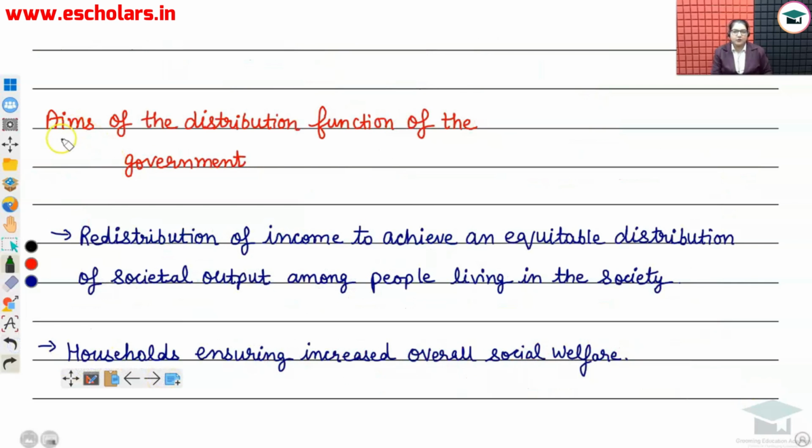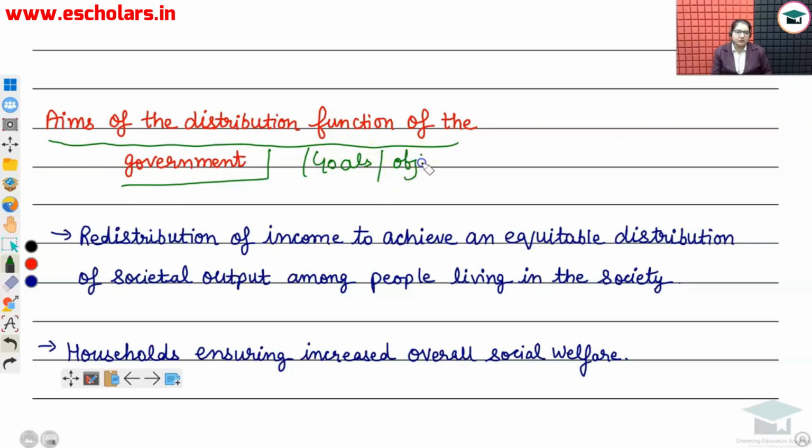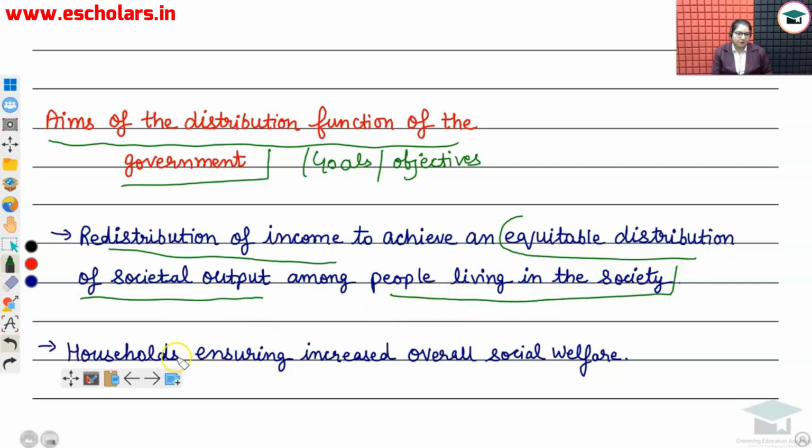Now students, further we have the aims of the distribution function of the government. That is the goals, or you can say objectives of the distribution function of the government. See, by performing the redistribution of income, the government wants to attain the equitable distribution of societal output among people living in the society.